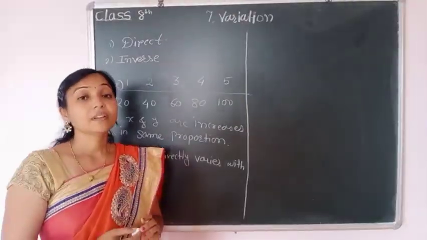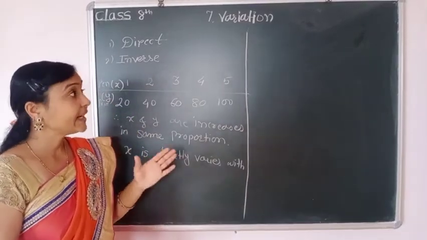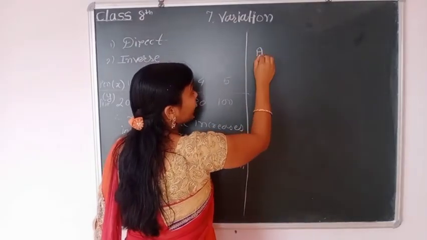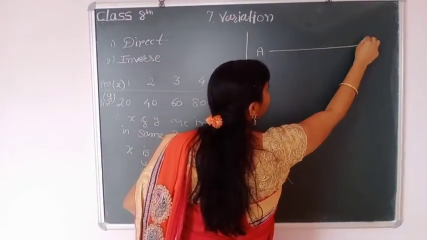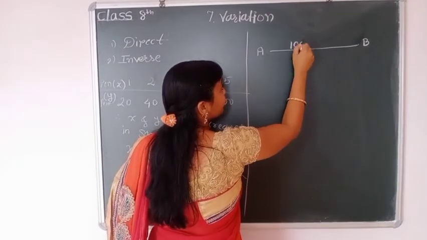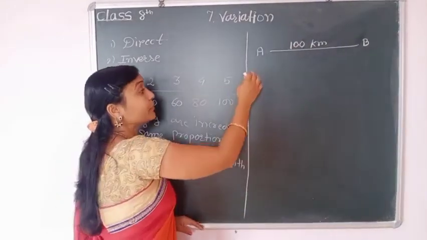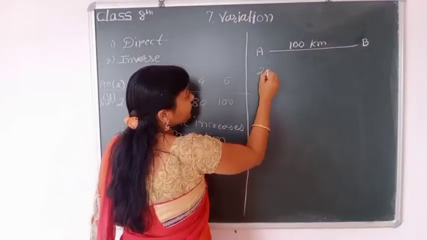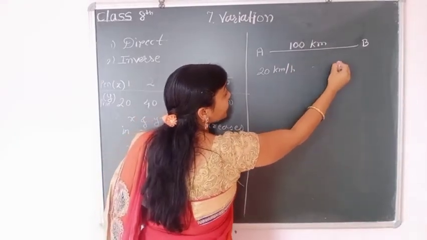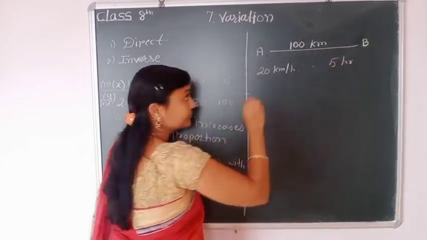Okay. Now we see inverse proportion, inverse variation. I take one example again. Suppose we want to go from place A to B, and the distance is 100 kilometers. When we travel with a speed of 20 kilometers per hour, we reach B in 5 hours.